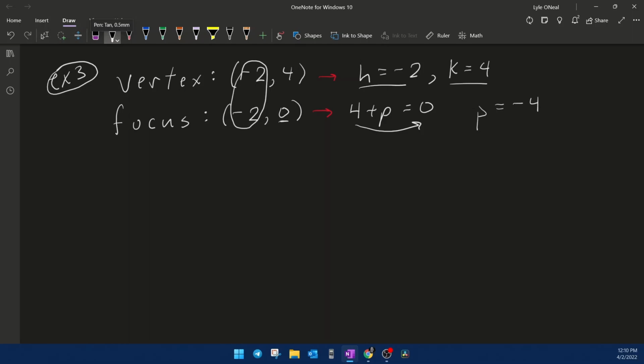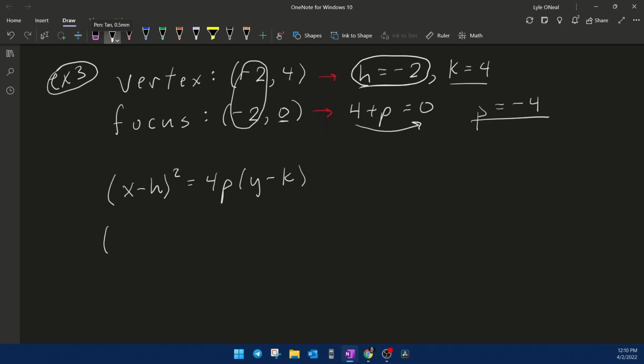And then once I know h, k, and p, I can write the standard form of the equation of the parabola. Again, we're using the vertical axis, so that's going to be x minus h squared equals 4p times y minus k, and then doing a little plug and play.